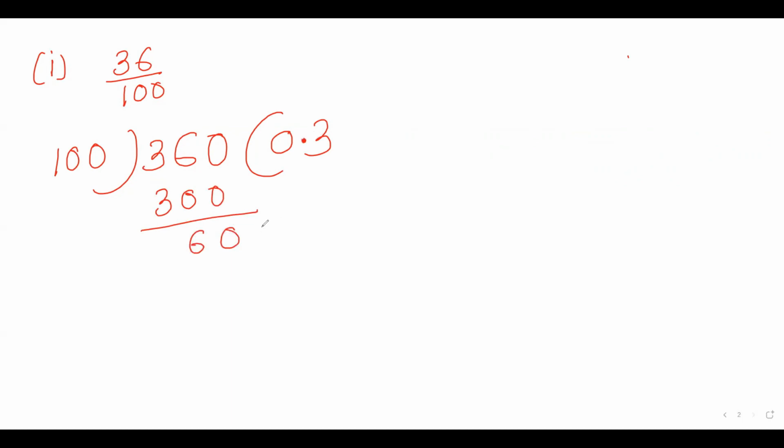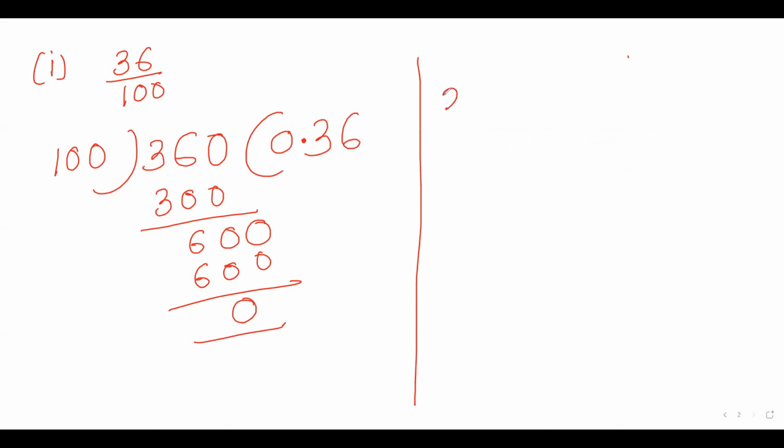With this point, you can get one more 0. 100 sixes are 600. Remainder 0. So 36 by 100 is equal to 0.36. It is a terminating decimal.